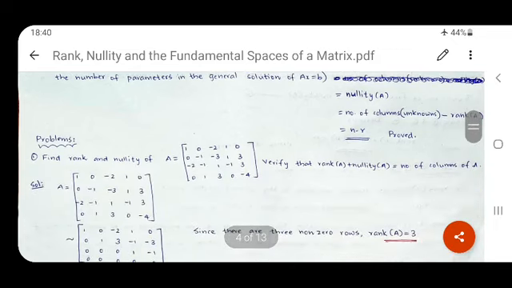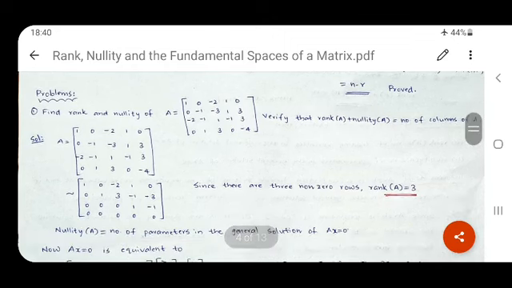Okay, so let us discuss an example. Find the rank and nullity of the given matrix and verify the dimension theorem. You can see that by row reduction, the row echelon form of the given matrix is this, where there are 3 leading ones in the rows. So there are 3 non-zero rows, and therefore the rank of A is equal to 3.